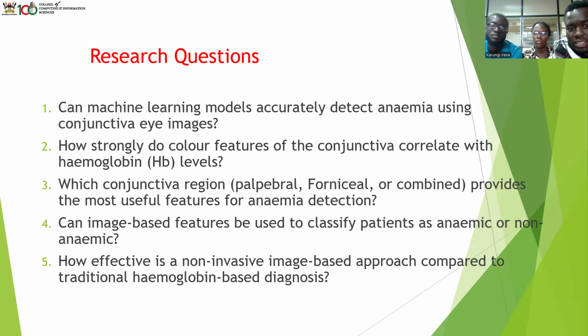Which conjunctiva region provides the most useful feature for anemia detection? Can image-based methods be used to classify patients as anemic or non-anemic? How effective is a non-intrusive image-based approach compared to traditional hemoglobin-based diagnosis?